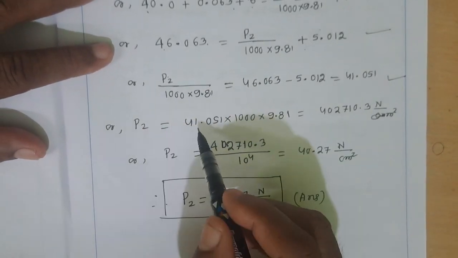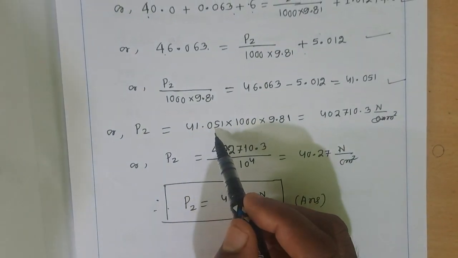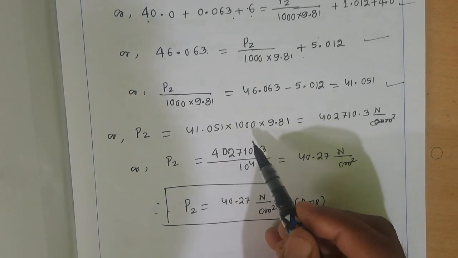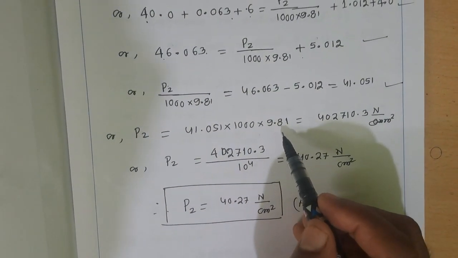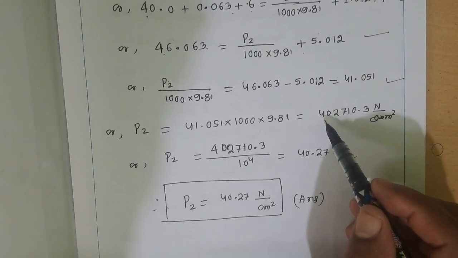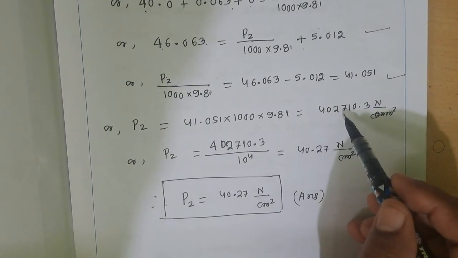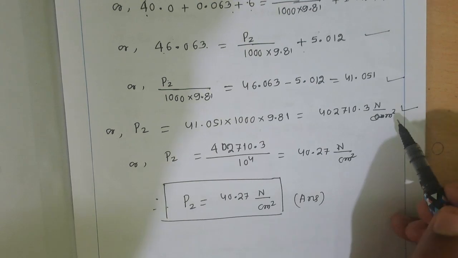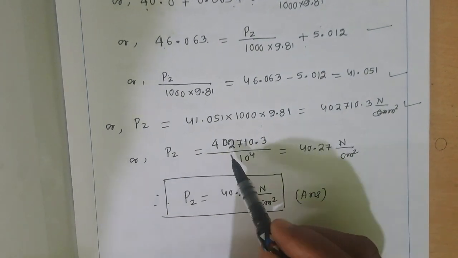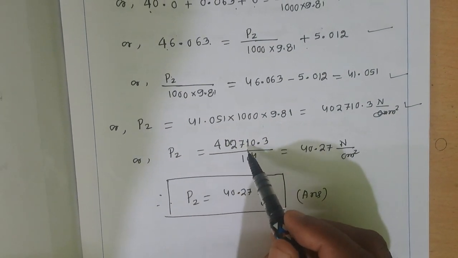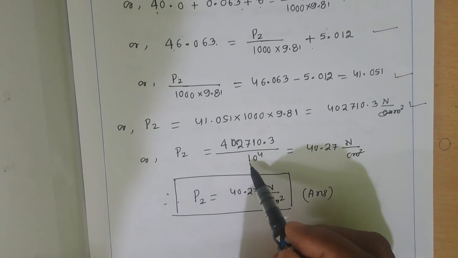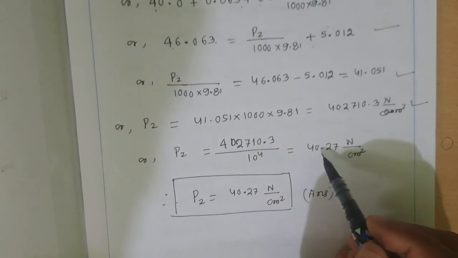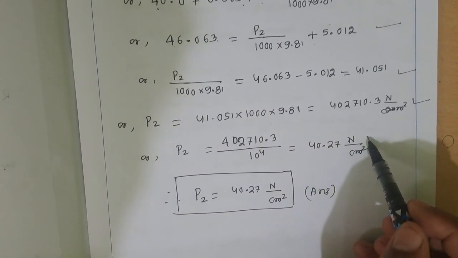Or P2 is equal to 41.051 into 1000 into 9.81, equal to 402710.3 Newton per meter square. Or P2 is equal to 402710.3 divided by 10 to the 4, equal to 40.27 Newton per cm square.